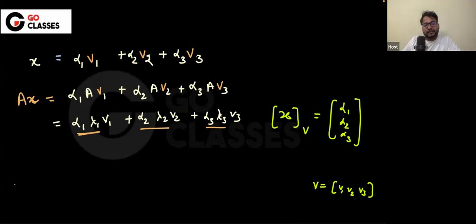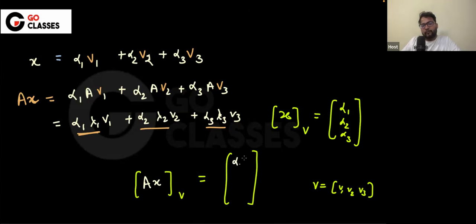Now, if you represent Ax in the same basis, which is the eigenbasis V, then what are the coordinates? The coordinates are alpha 1 lambda 1, alpha 2 lambda 2, alpha 3 lambda 3. So the coordinates are almost the same. It is just that lambda 1, lambda 2, lambda 3 are getting multiplied along these three dimensions. So what is a matrix doing to any vector?